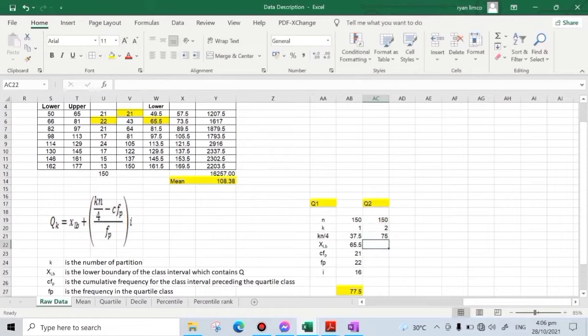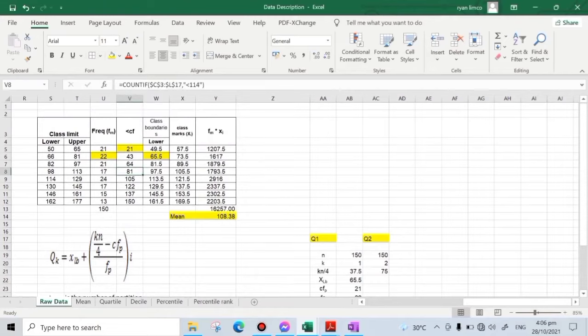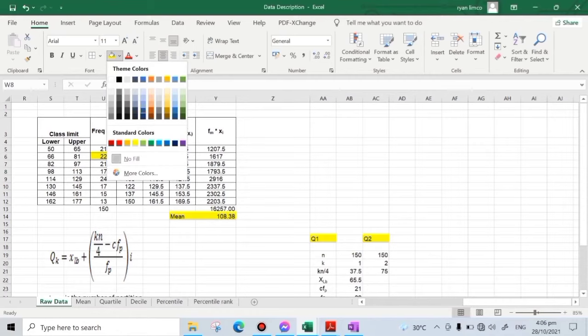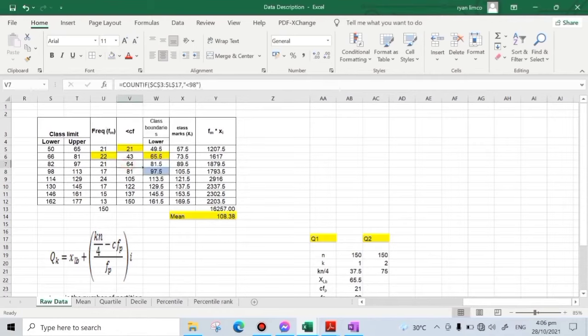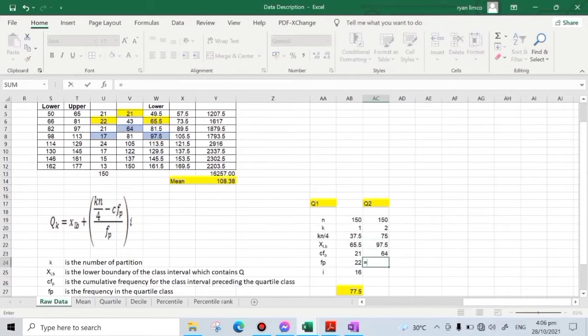So, 75 can be found here sa 81, no? So, ito yung ating XLB. I-blue ko na lang siya. Ito yung CF before. No? So, ito naman yung ating frequency sa quartile class natin. So, XLB here is this. The CFP is 64 and the FQ is 17, and of course the interval is 16.